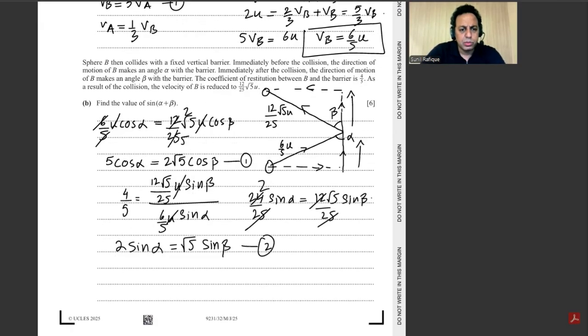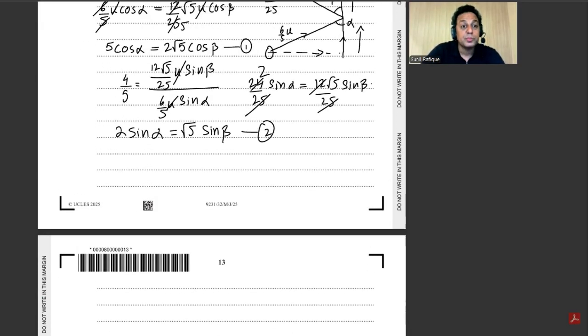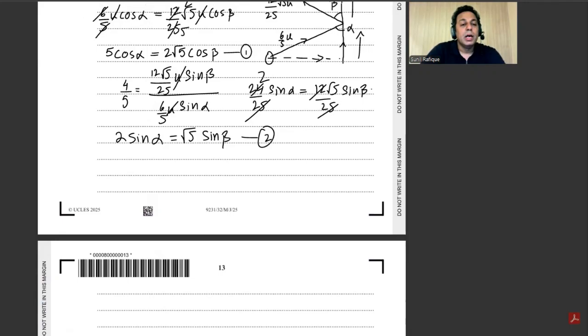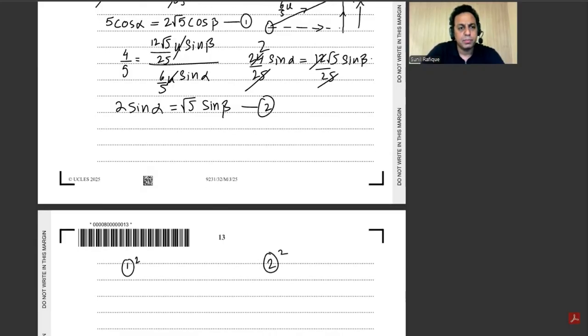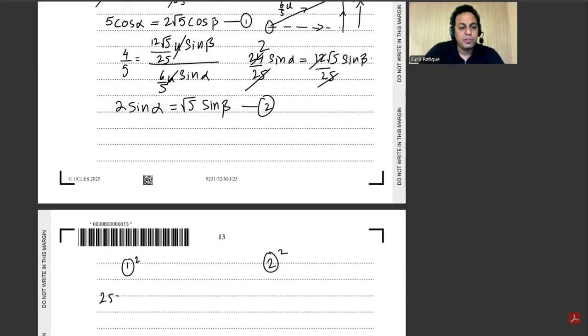All right, so, oh, thank goodness, I've got some space to work. We need to get each of these, so let's square 1 and see what we get, and square 2 and see. So that's going to be 25 cos squared alpha equals 20 cos squared beta.